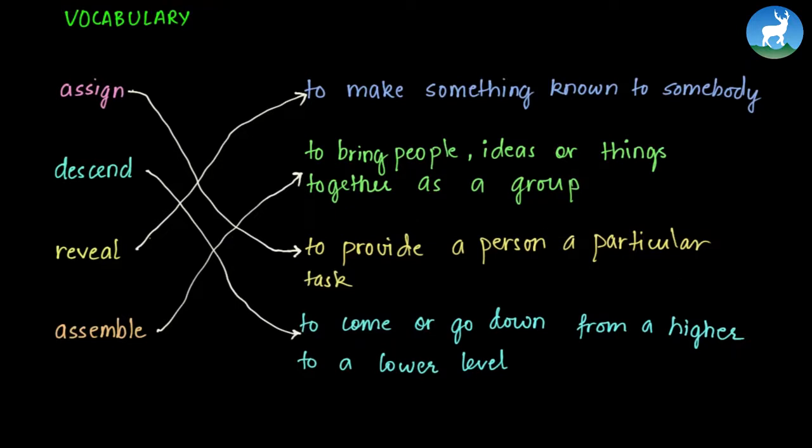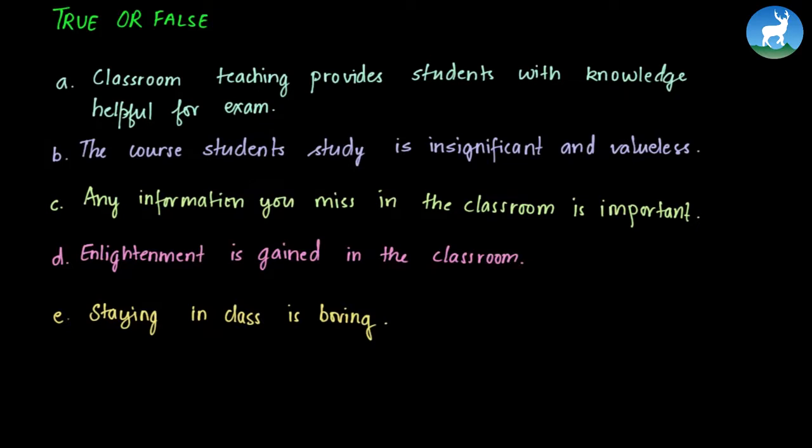Next, we need to state whether the sentences are true or false. The first statement is, classroom teaching provides students with knowledge helpful for exam. This is true because our teachers always teach us so that we bring good marks in exam and also get some values and meaning to life. Next, we have the course students study is insignificant and valueless.